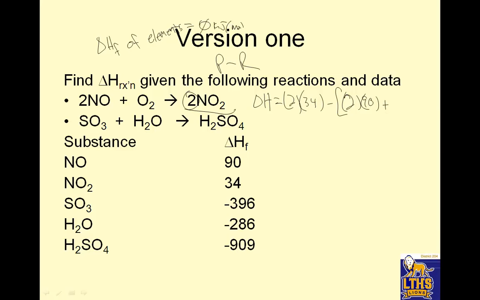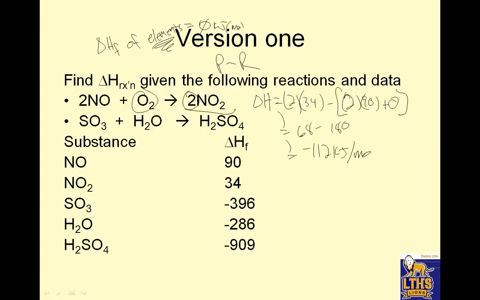Other things take energy to be made, but we say elements are the baseline of 0. So if I have oxygen here, I'm going to say plus 0. And then this would be 68 minus 180, which I'll do on my calculator, and I get negative 112 kilojoules per mole.